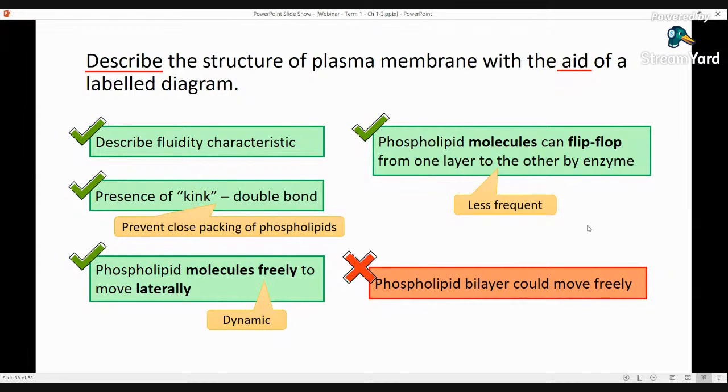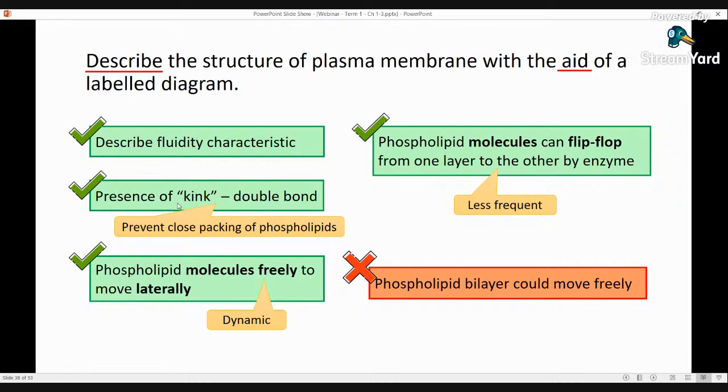For the description, if you want to describe the fluidity characteristic, we need to talk about the presence of kinks, or the presence of double bonds, in the fatty acid chains of the phospholipid molecules.